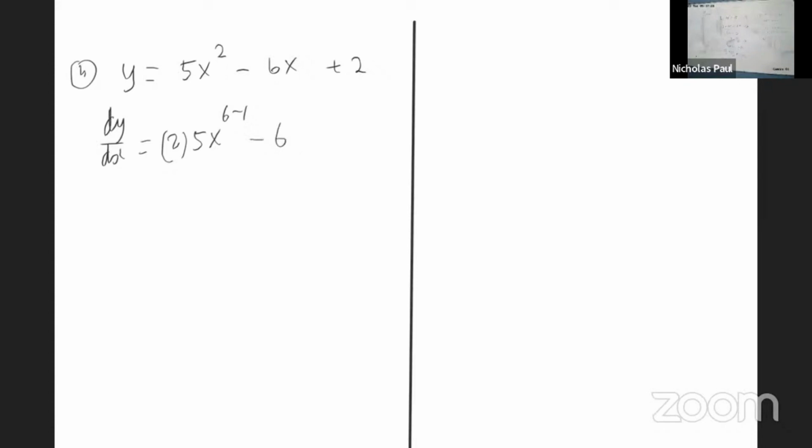What's the differential of a constant? It's 0. I just showed in the last example. The differential of 2 is 0. So you'll be left with dy dx is equal to 10x minus 6.